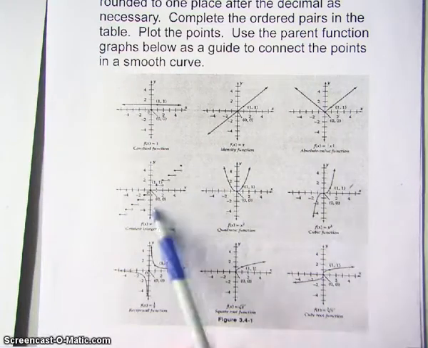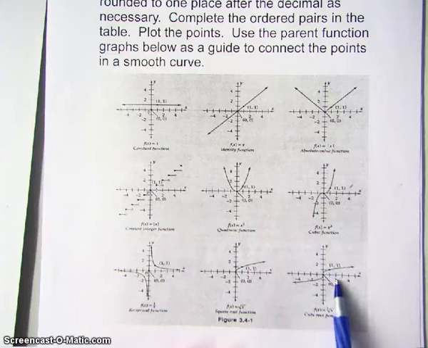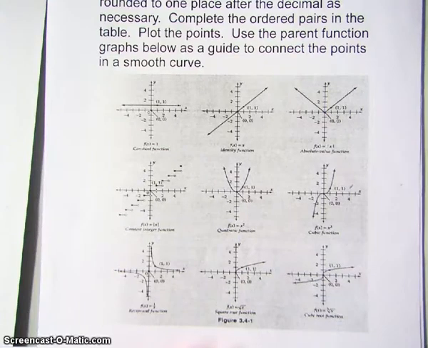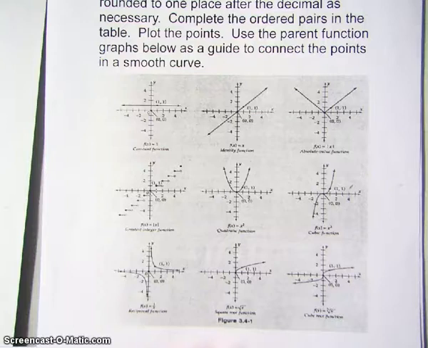These 9 graphs are actually the answers to problems 1 through 9, so I hope that nobody gets problems 1 through 9 wrong. After 9, we start to do some transformations of those parent graphs. There, you're going to have to use a little bit more brain power to understand what type of transformation is happening.